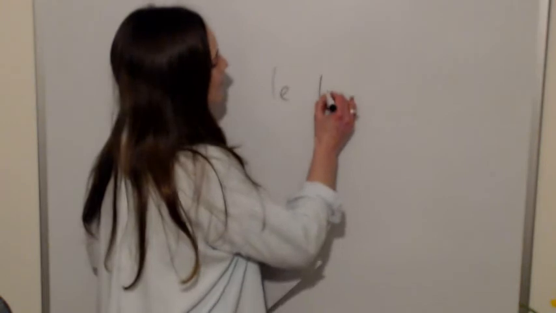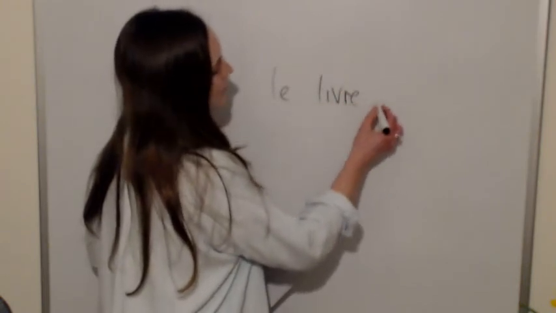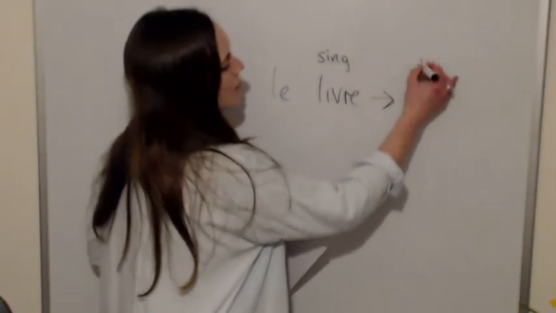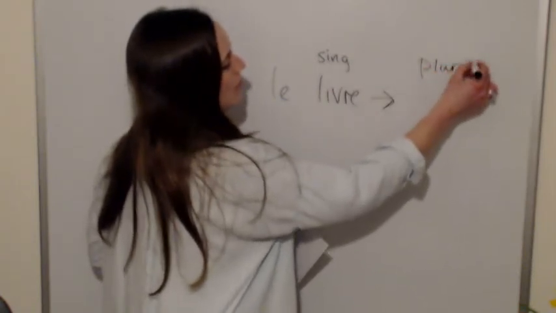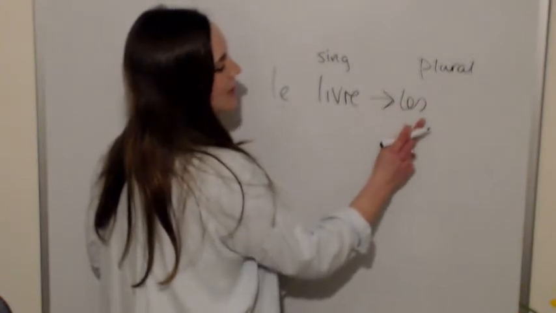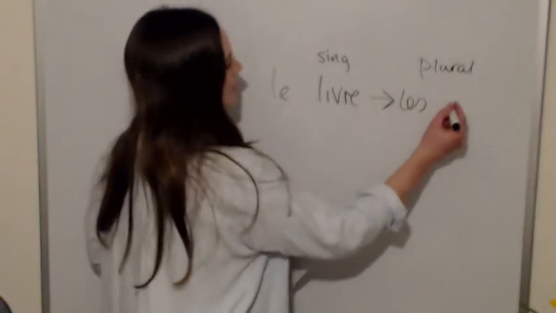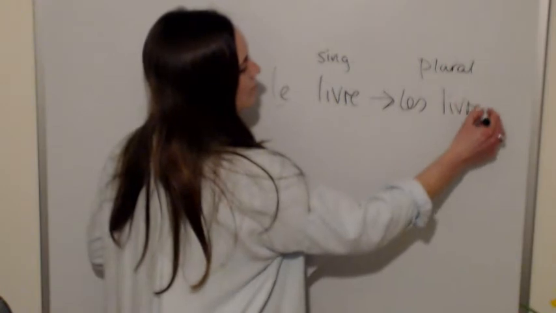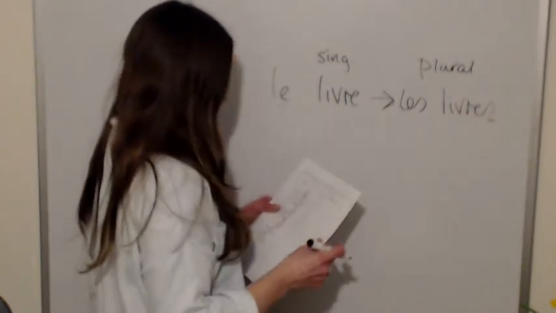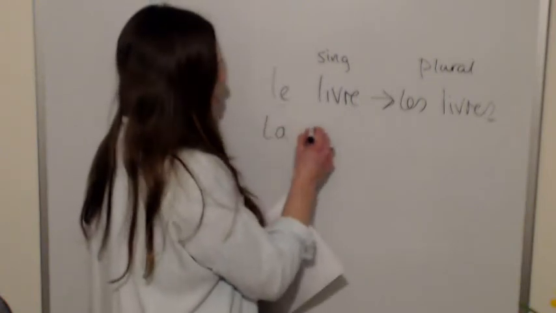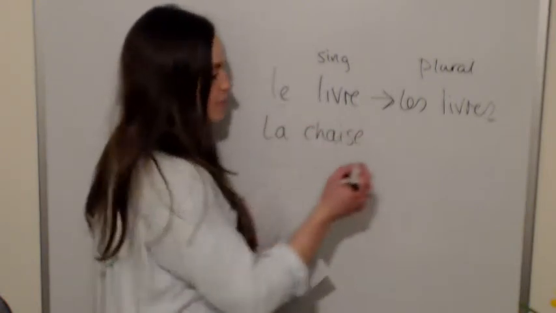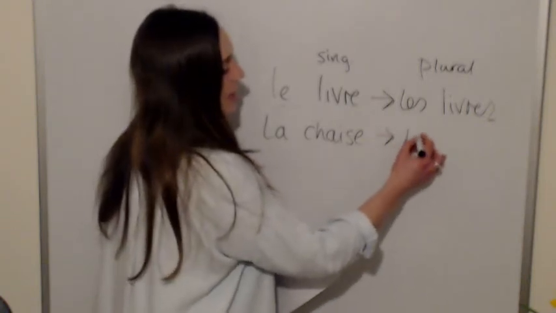Le livre becomes, in the plural, not le, but les, L-E-S, les livres, with an S at the end. La chaise becomes les.